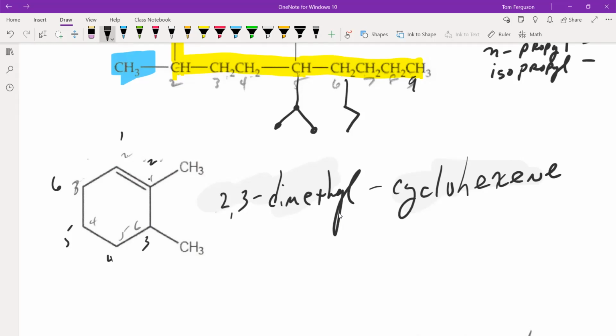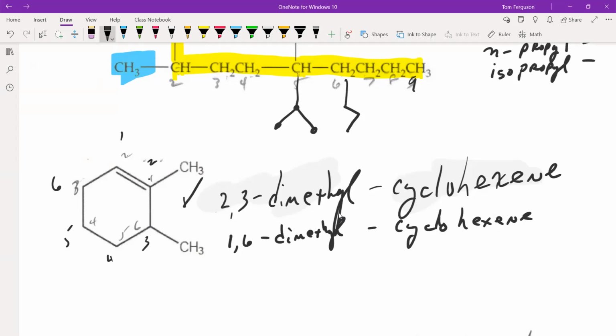Going the other way, it would be 1,6-dimethyl cyclohexene. 2 plus 3 versus 1 plus 6, so that would be the one that is more accurate. Now, if you put this one down, I would take off 1 point.